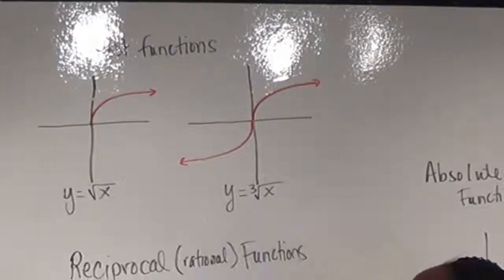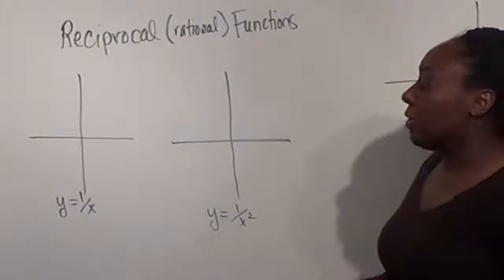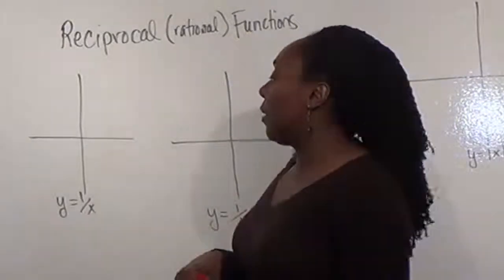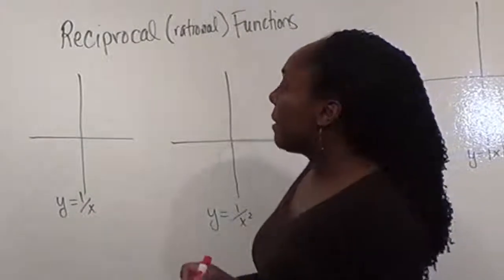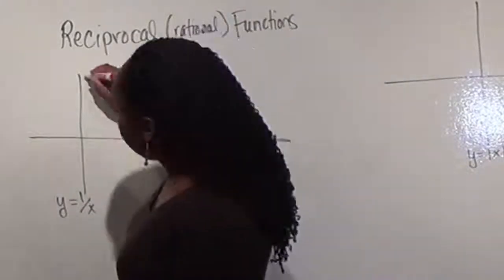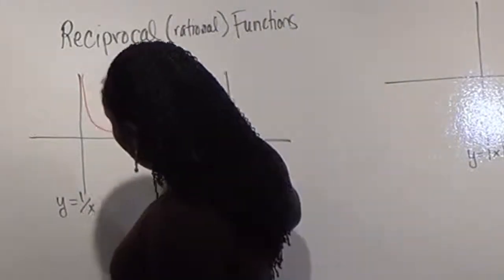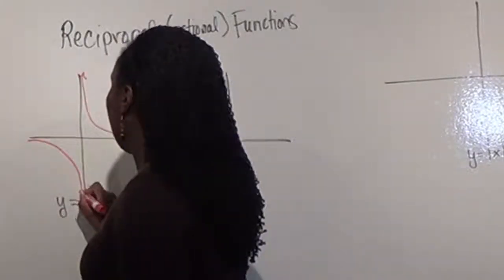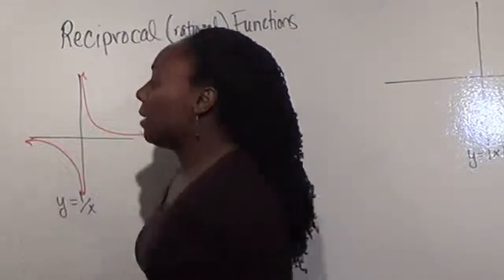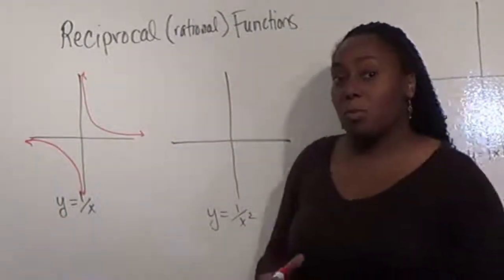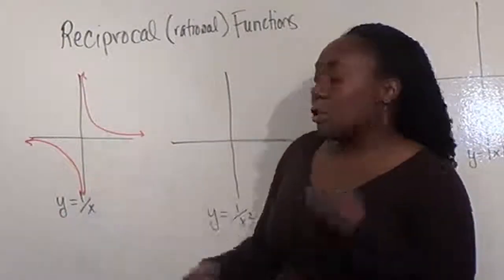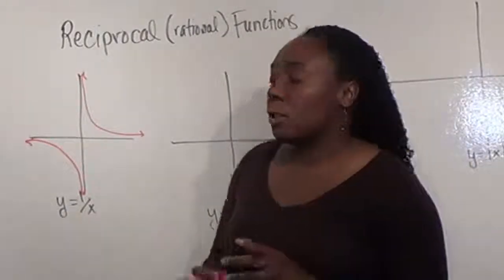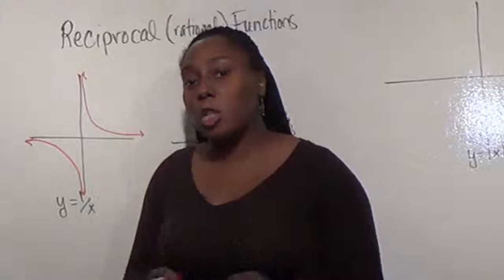Okay. For our rational or reciprocal functions, this is where I'm going to take my variable and put it in the denominator. So the 1 over x, this is one of the first functions where not only are my domain and range restricted, but I have asymptotes, meaning the restrictions on the domain and range aren't just places where it's undefined, it's places where my function gets close.